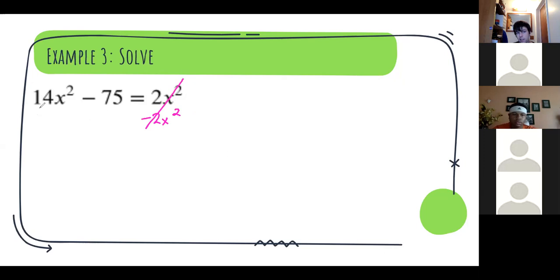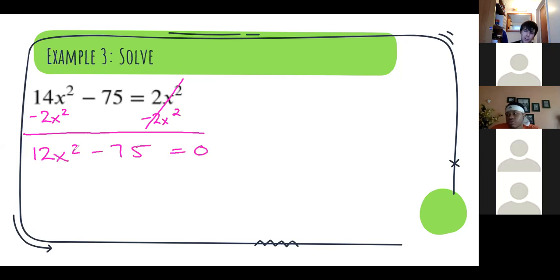I do have another x squared term on this side, so I can actually subtract it directly from this one. If I didn't have an x squared term on this side, I would just have to put this -2x squared on this side. But since I do have a term, I can actually take it away from there. So that's going to become 12x squared minus 75 equals 0.